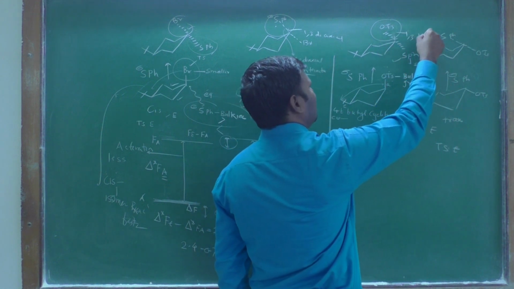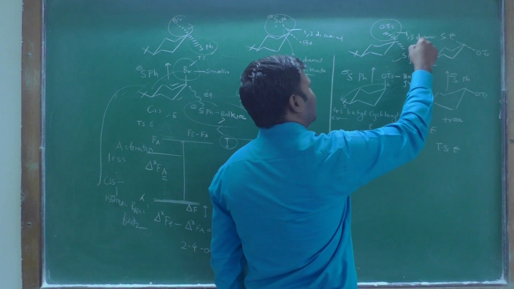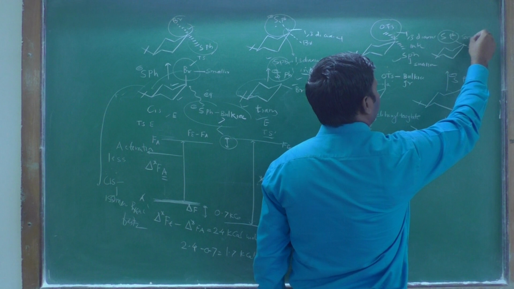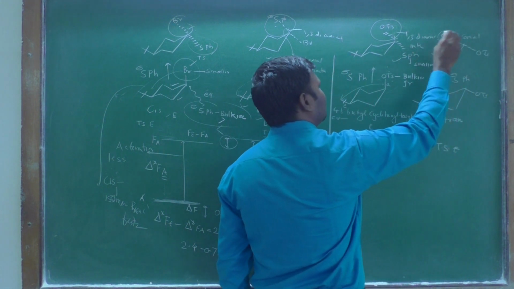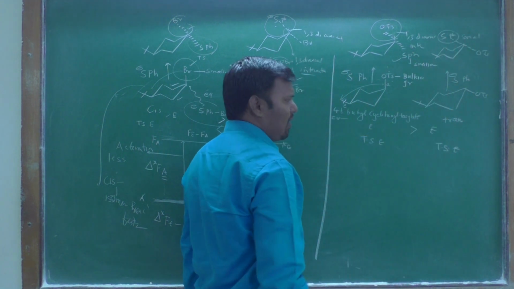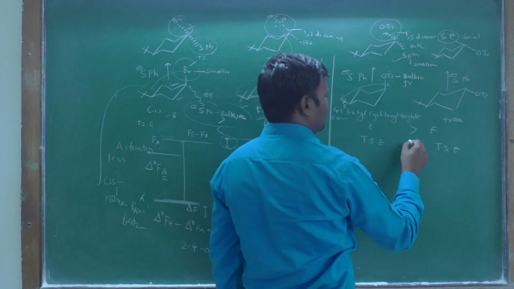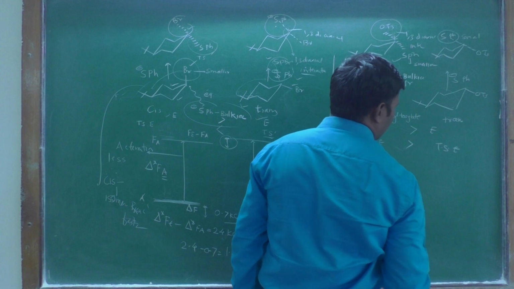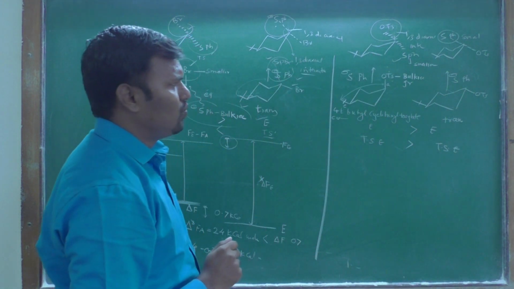Therefore, 1,3 diaxial interaction is found there, compared to the smaller group, which has a small 1,3 diaxial interaction. Therefore its energy is higher than the transition energy of equatorial.